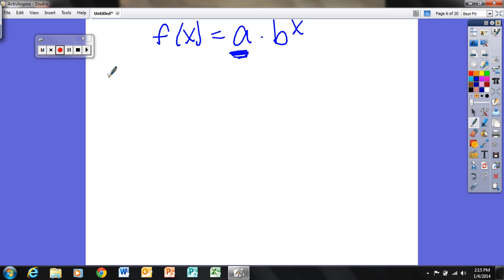So when a is bigger than 0, and when the base b is bigger than 1, remember b can never be 1, we have exponential growth.